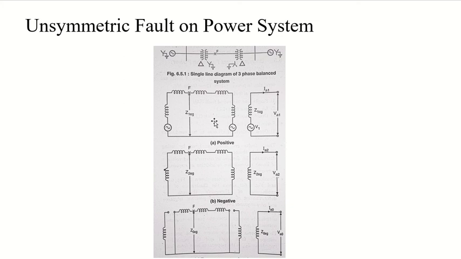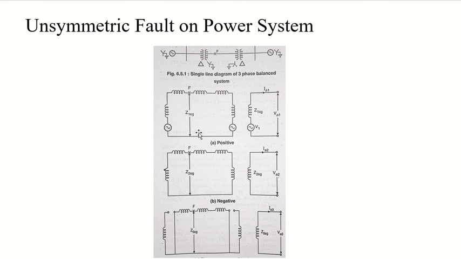And in the next figure, you can see the representation of Thevenin's theorem for my positive sequence, negative sequence, and zero sequence networks. The first one is for positive, second one is for negative, and third one is for zero.